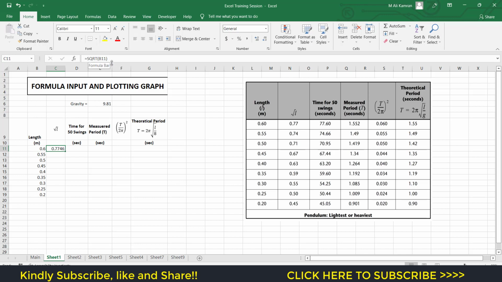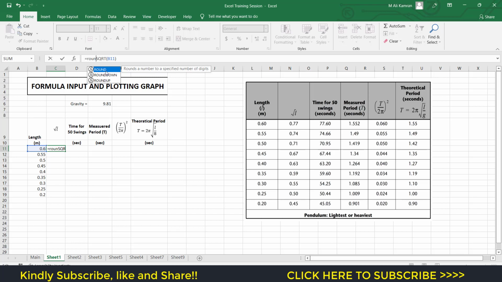So what we need to do is round this value up to 2 decimal places, so we will put another formula, that is ROUND, and it says that it rounds a number to a specified number of digits, right?